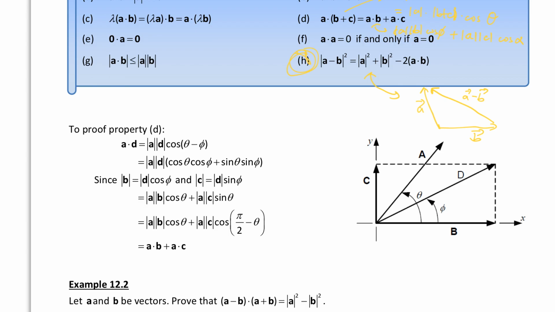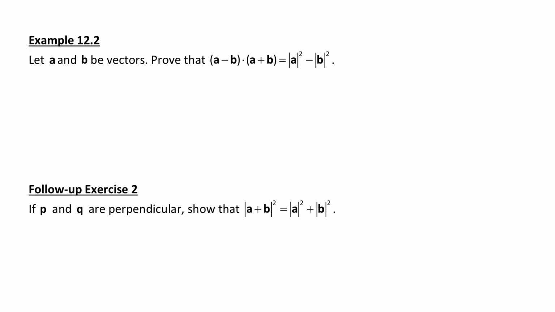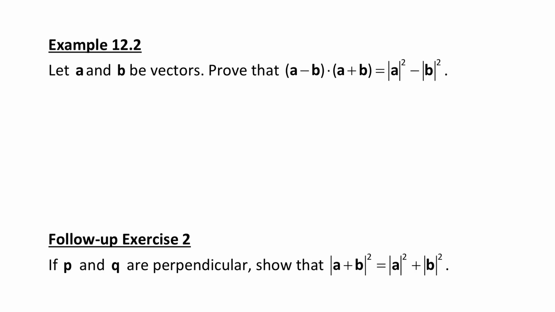Okay, let's see how we can make good use of those properties. Example 12.2: prove A minus B dot A plus B is equal to magnitude A squared minus magnitude B squared. You need to be very familiar with all the properties, then you have some direction or hints to do it. For example, in this case, I know how to simplify the left hand side.